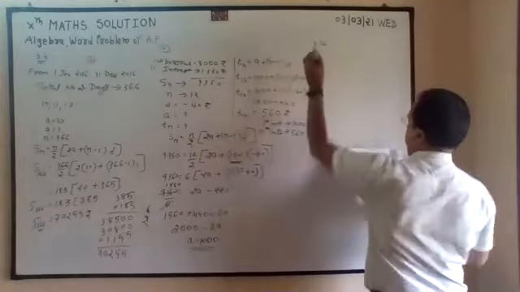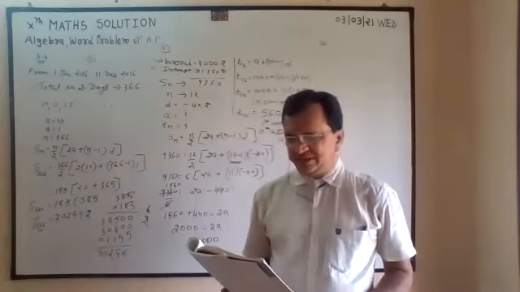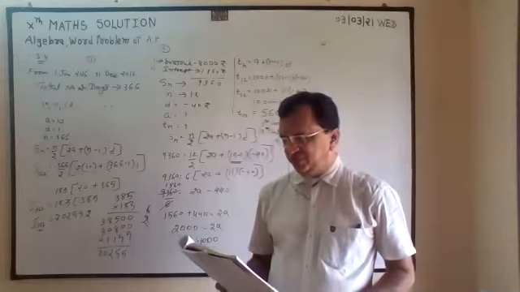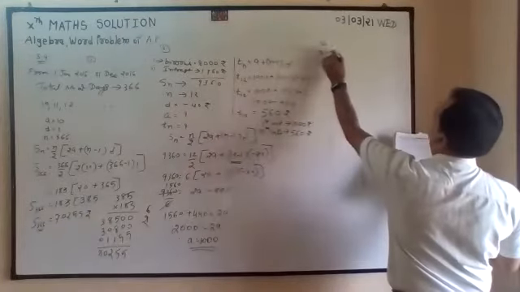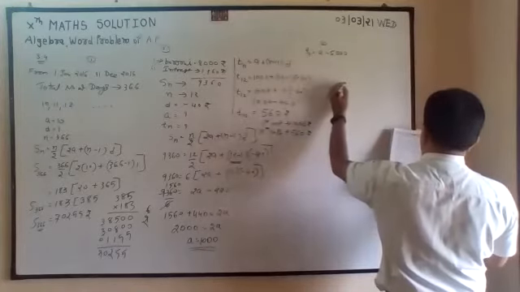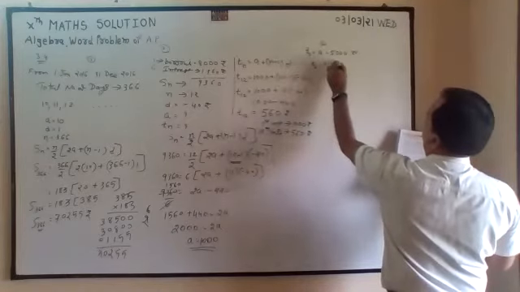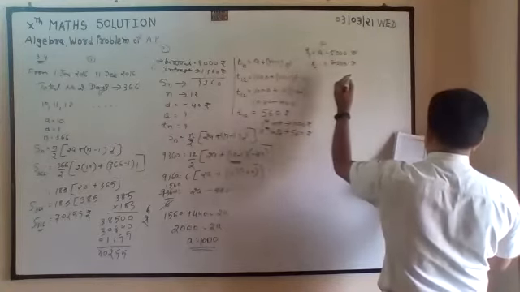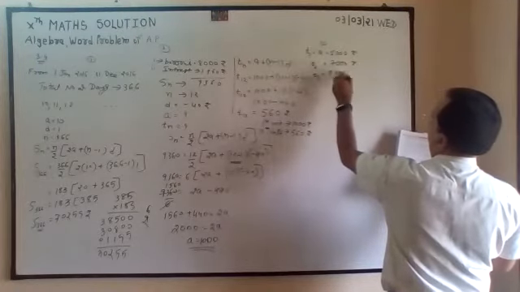Third, Sachin invested in a National Savings Certificate scheme. The first year installment is 5000, T1. T2 is 7000, T3 is 9000.